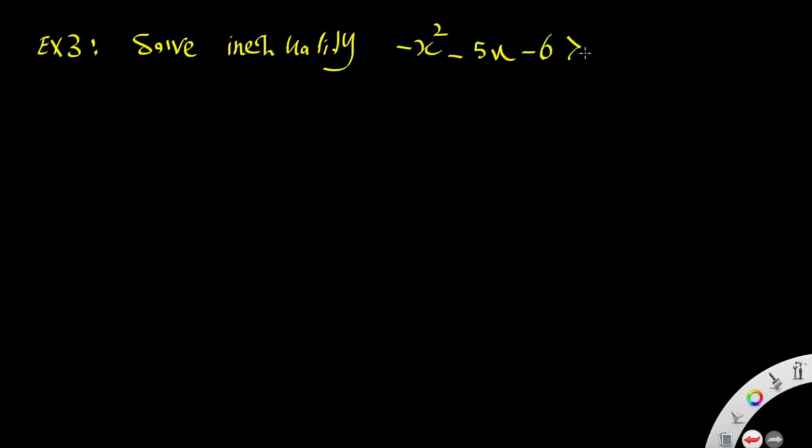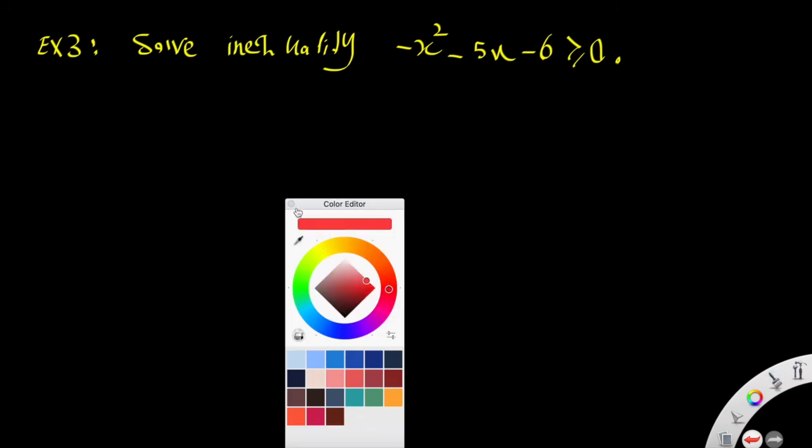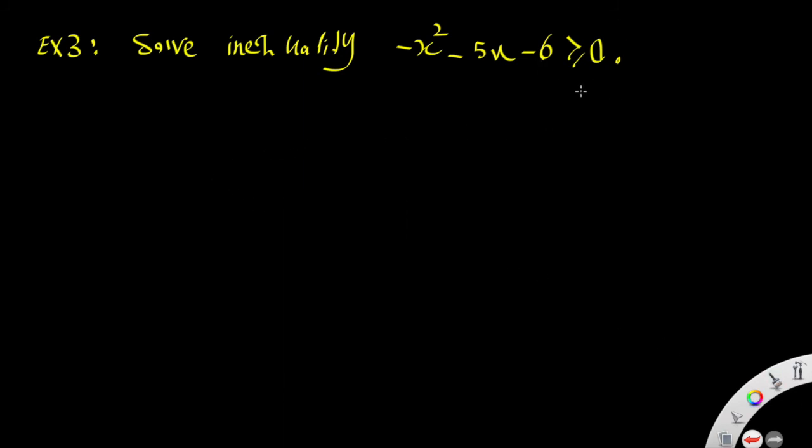Solve the inequality minus x squared minus 5x minus 6 greater or equal to 0. It is already in standard form, so there is no need to transfer anything to the other side.